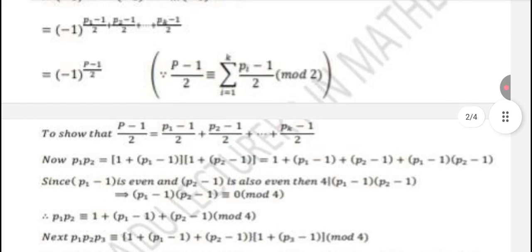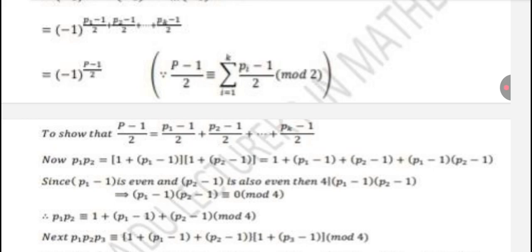Similarly, now we consider the product of the first 3 primes, that is p1 p2 p3, which is congruent to the first product p1 p2, which we have just proved is 1 + (p1-1) + (p2-1), into, just like before, p3 which can also be written by adding and subtracting 1, mod 4.